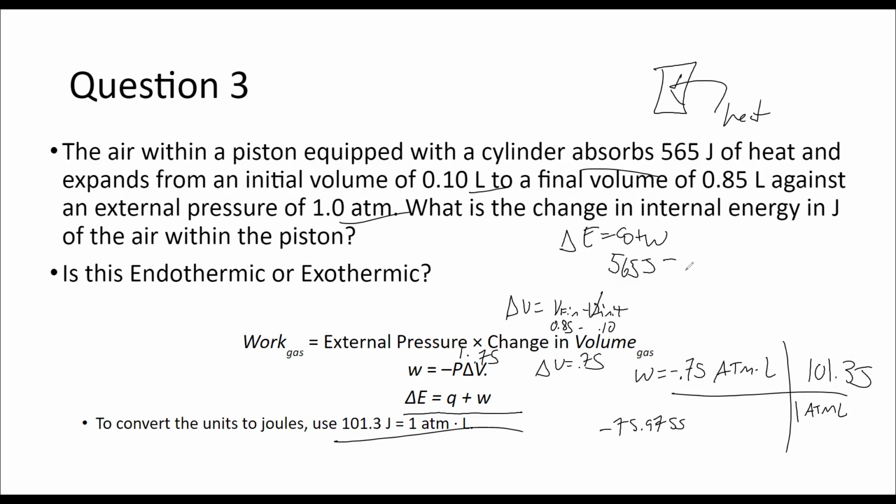So 565 minus 75.9755. Because remember, we're asking what is the change in internal energy? That's equal to 489. This is a positive number, which means energy is ultimately flowing into the system, going inside. So it's endothermic, endo.